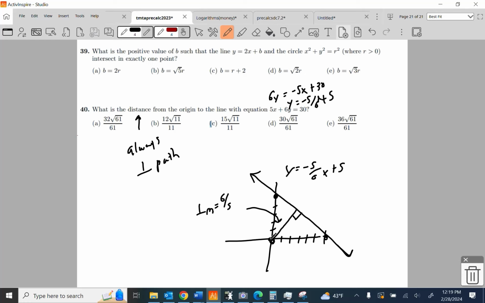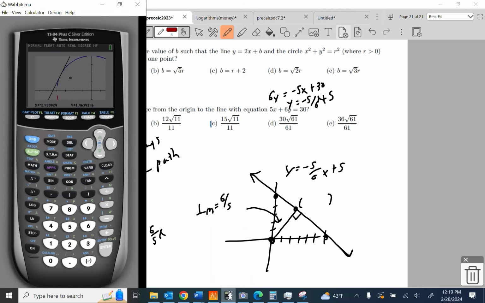And since it passes through the origin, this line's equation is y equals 6 fifths x, nothing more. What we're going to do is find this ordered pair here by setting those two things equal to each other. 6 fifths x equals negative 5 sixths x plus 5, and why not? I'm tired. I don't want to do algebra right now. I'm trying to show you how to cheat with a TI-84.